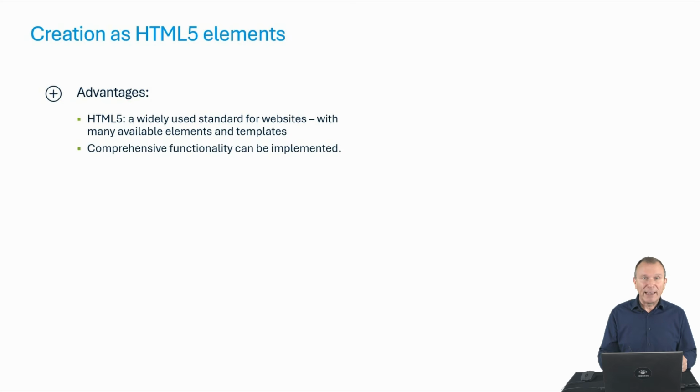Because, of course, HTML5 is a standard for website creation. Therefore, you find a lot of different examples and templates in the World Wide Web, which you can just download or create yourself in case you are familiar with HTML5. Inside that language, you have comprehensive functionality that you can implement.